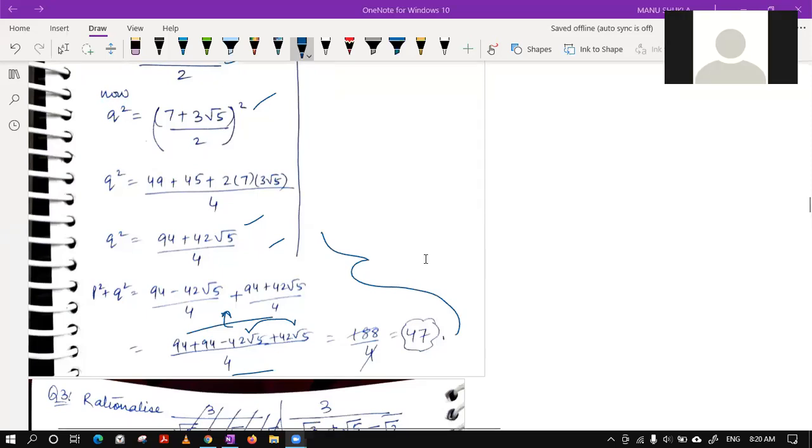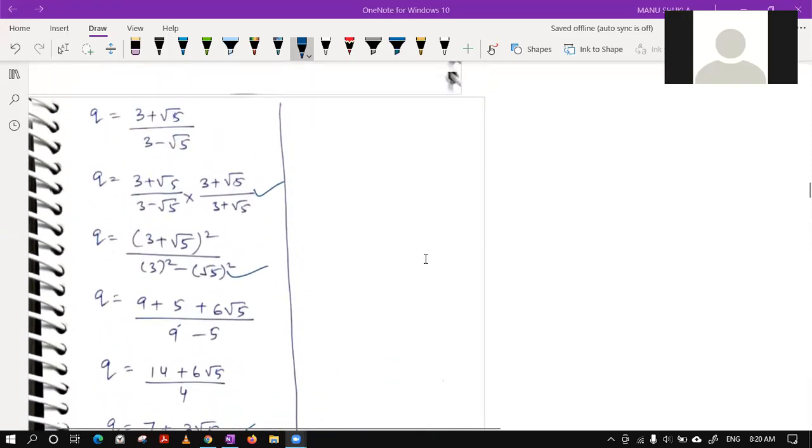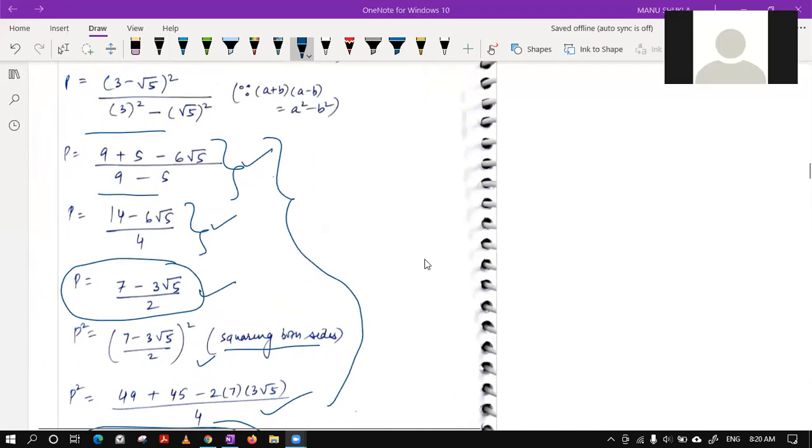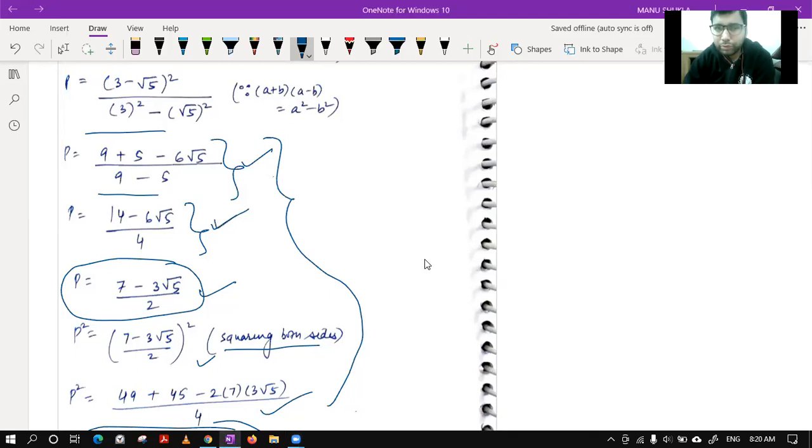Sir, instead of squaring both sides, like for q, 7/2 plus 3√5/2, if we square that directly, then it becomes the square of a plus b, no? One second. Suppose we have found the value of p. This much is fine. Yes sir. Sir, we can write it as 7/2 minus 3√5/2.